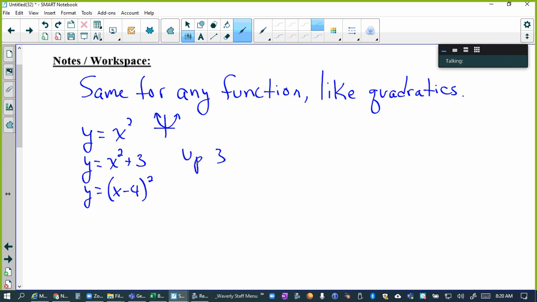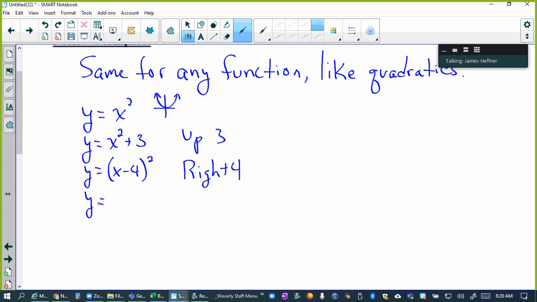And x minus 4 inside the function would be right 4. It'll take that original one and move it to the right 4.